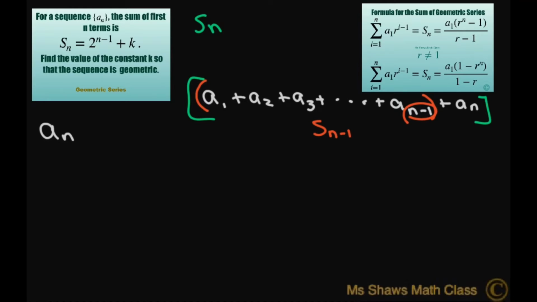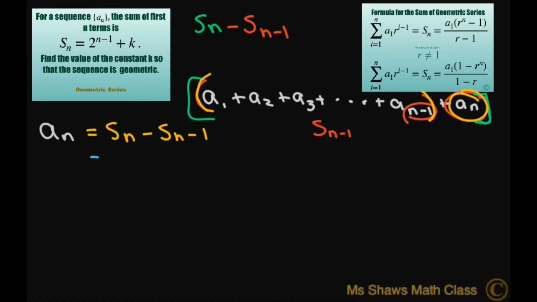And if I take s sub n minus s sub n minus 1, that will leave me this last term. So if I take the larger sequence minus this smaller sequence, I get this lone term here. So my a sub n equals s sub n minus s sub n minus 1.